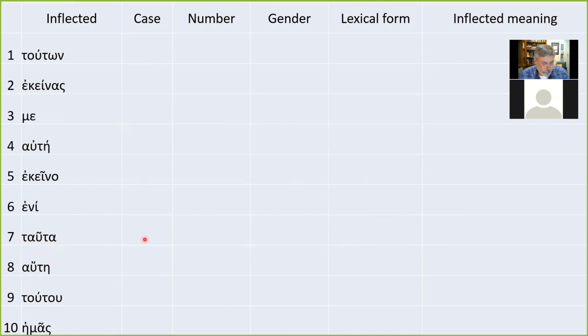What about tauta? What case is it? Accusative. All right, accusative is one of the options. What else could it be if it ends in an alpha ending here? You only have three other choices: nominative, genitive, or dative.